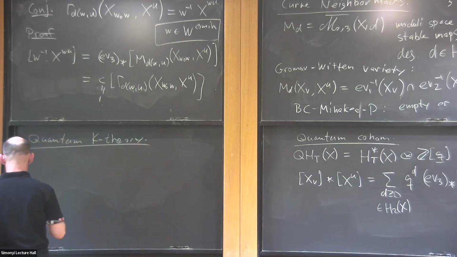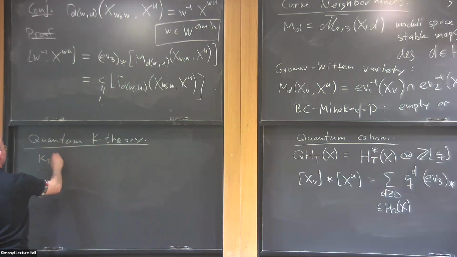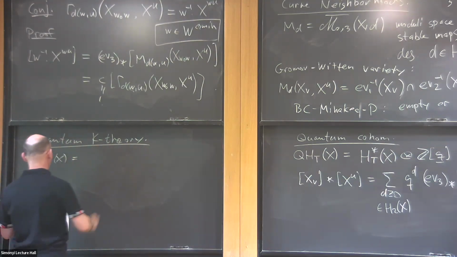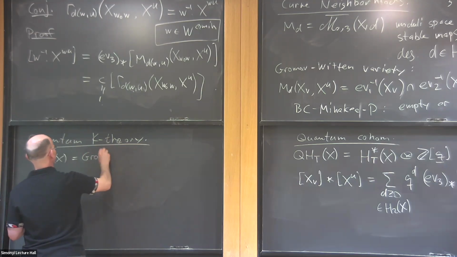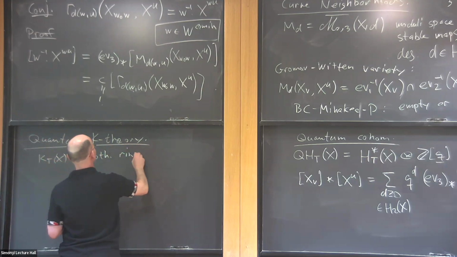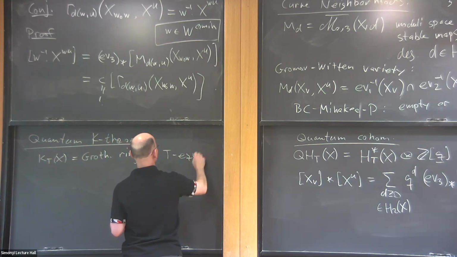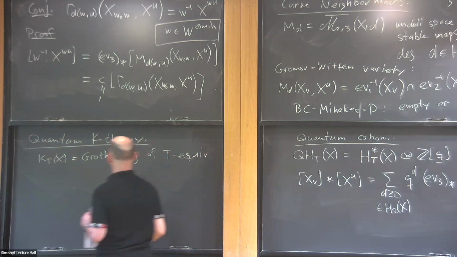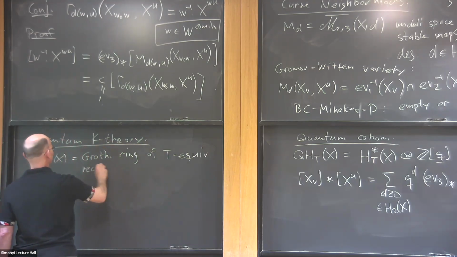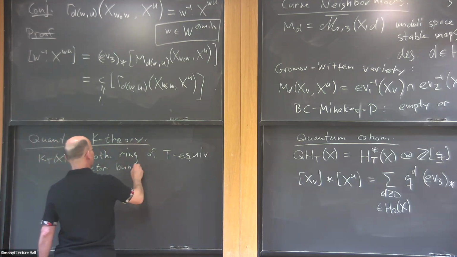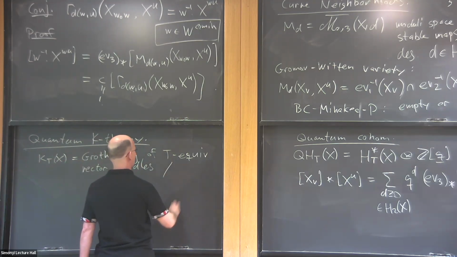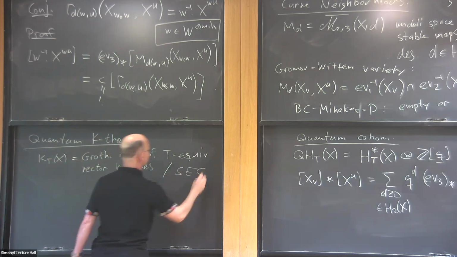So let's take K_T(X) to be the Grothendieck group of T-equivariant vector bundles, modulo short exact sequences.